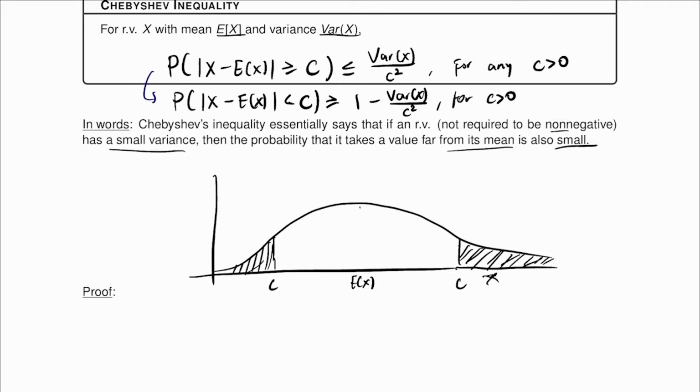If we have another distribution with a smaller variance, something like this, the probability that the random variable is far from its mean is going to be small.